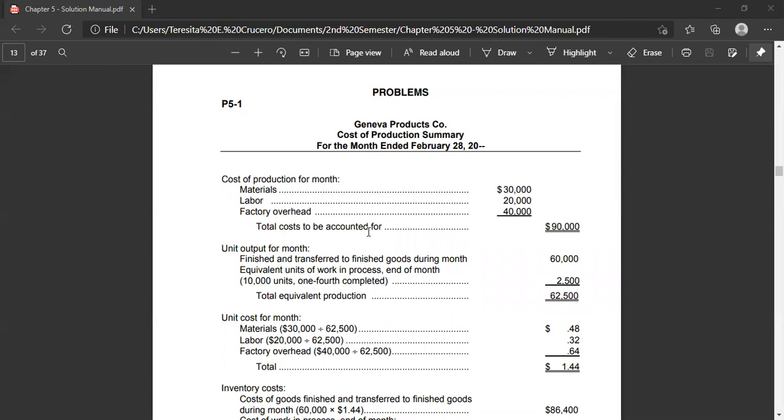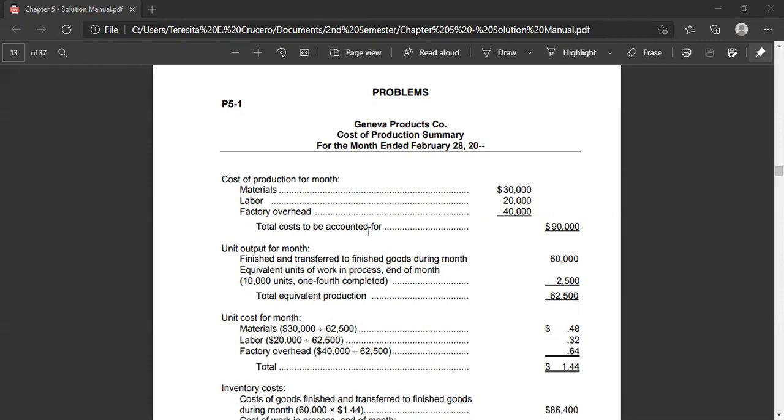Now we have the cost of production summary, cost of production for the month, including materials, labor, and factory overhead. So we have now the total cost to be accounted for 90,000 pesos. Unit output for the month, finished and transferred to finished goods during the month is 60,000 units, and we have the work in process at the end of the month, 10,000 units, one-fourth completed.